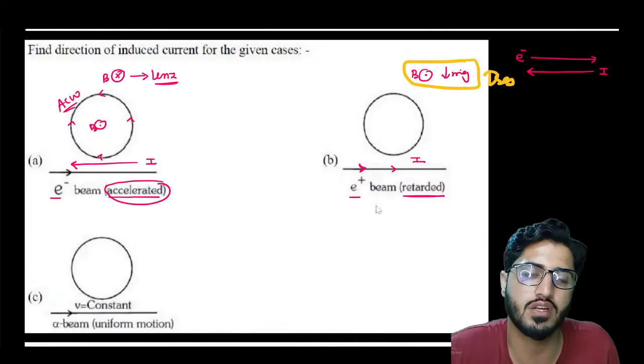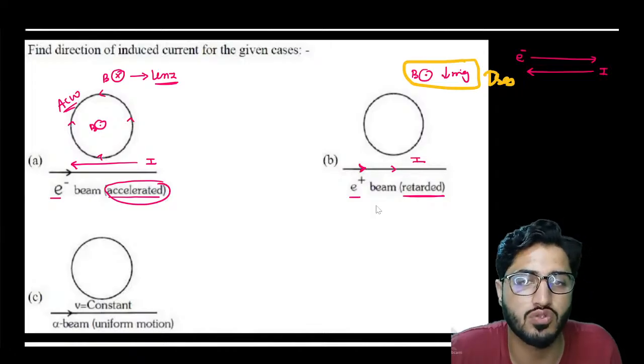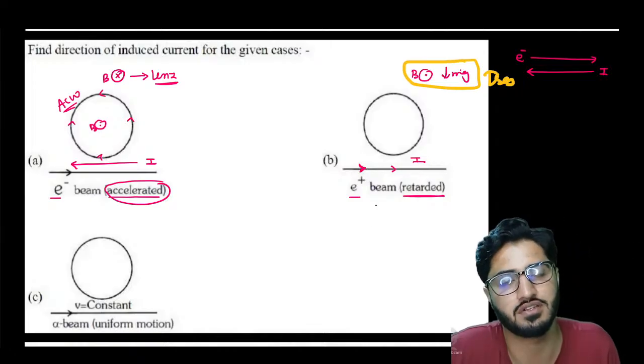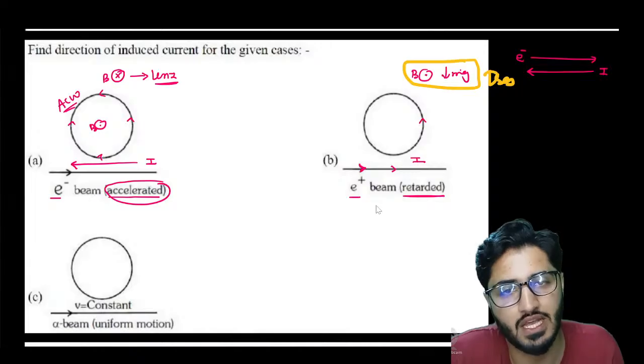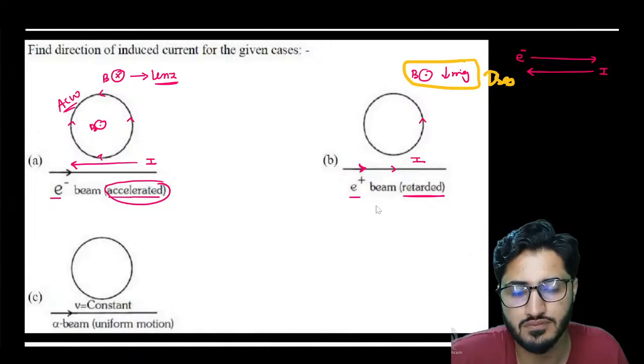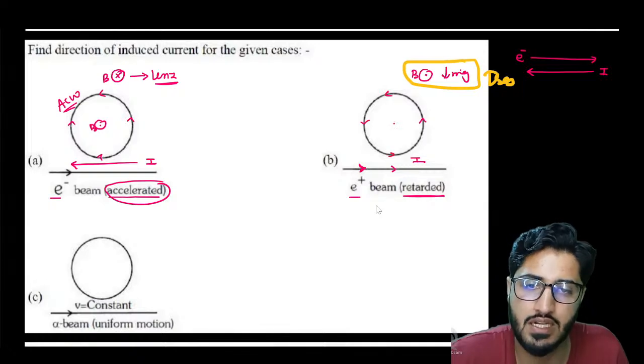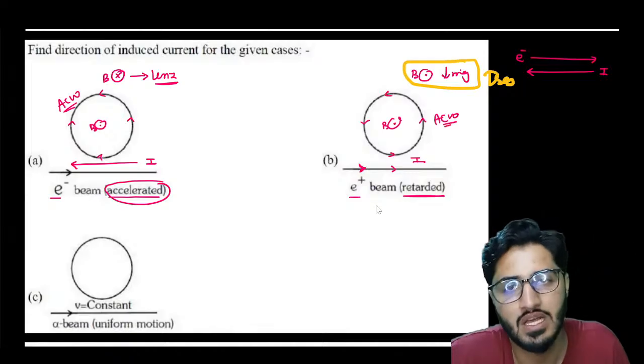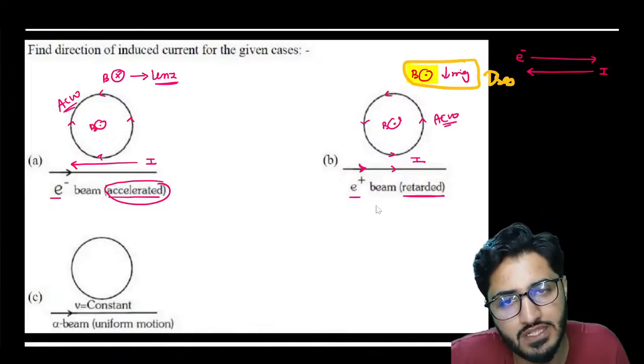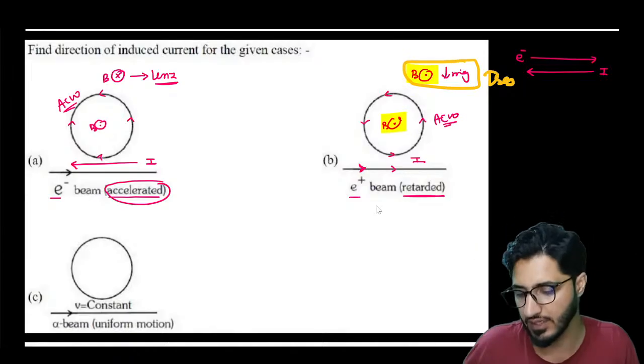How, sir? So my B should be also in this direction. That means current will be anti-clockwise. Why, sir? Because B is outwards, both will be increasing now.